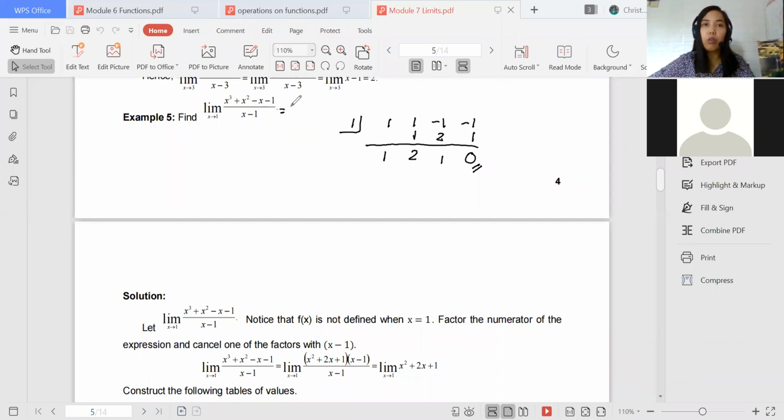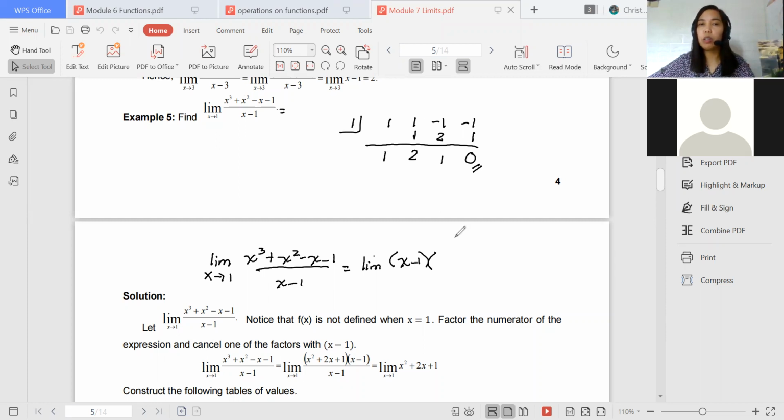Therefore, the numerator: you need to write the limit of x cubed plus x squared minus x minus 1 over x minus 1 as x approaches 1. You just need to write the limit of, for sure, one of the factors is x minus 1, and the other factors, laging minus 1, x cubed to.